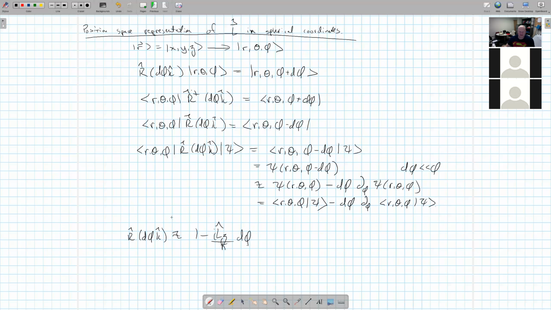So basically, if I look at this here and I look at this guy here, what I can then identify is that this derivative here goes along with Lz. So if I compare this side to this side, what has to be true is that minus i Lz divided by h bar must be equal to minus the partial derivative with respect to phi.